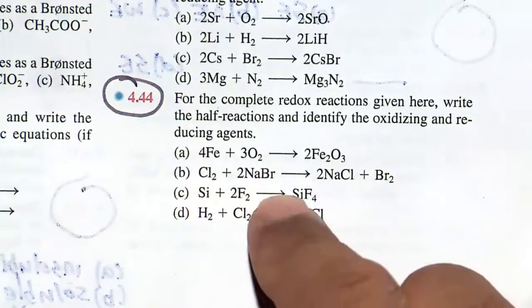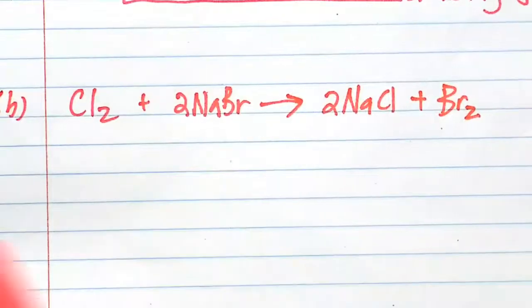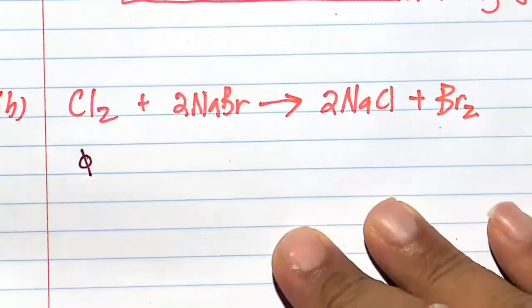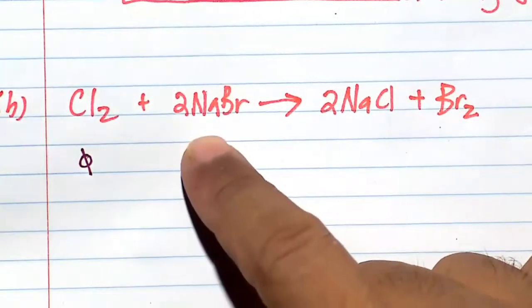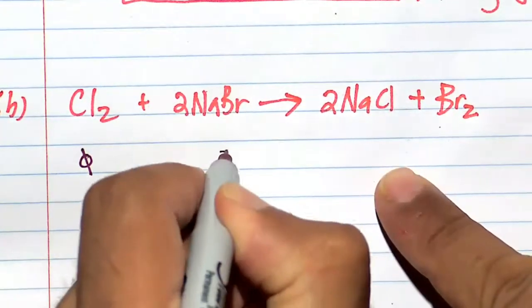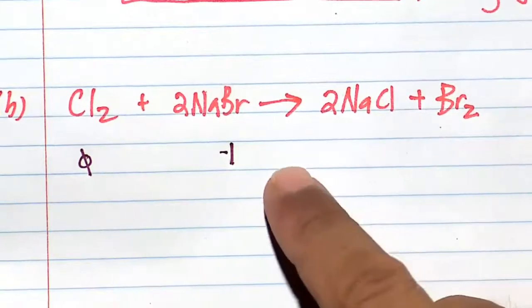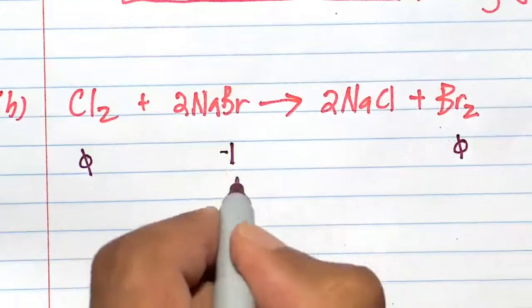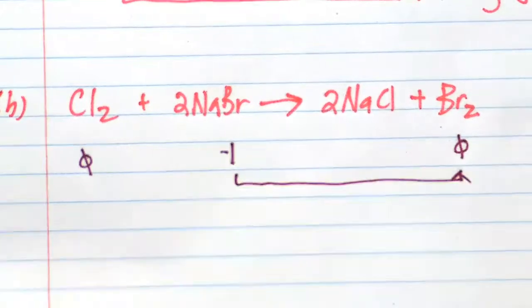Let's rewrite this. As stated before, the oxidation number of Cl in Cl2 is 0. The oxidation number of Na in sodium bromide is plus 1. The oxidation number of Br is minus 1. That's how you form sodium bromide. The oxidation number in Br2 is standalone, 0.